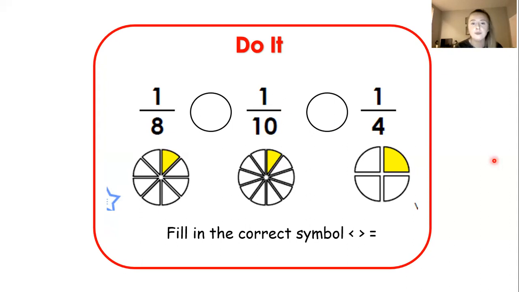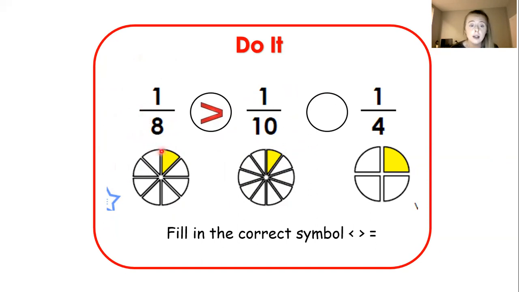Okay then, well, hopefully you said that 1/8 is greater than 1/10. We can see this because 1/10, the whole is split into 10 equal parts, isn't it? But this whole is only split into 8 equal parts.